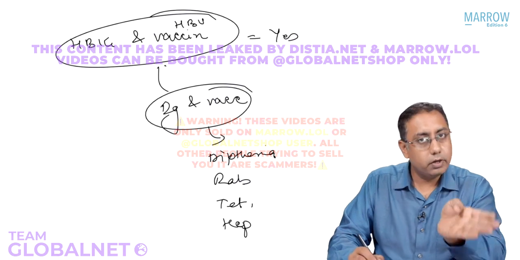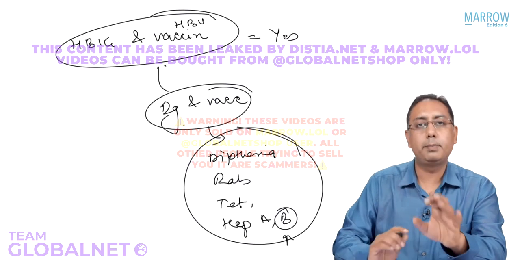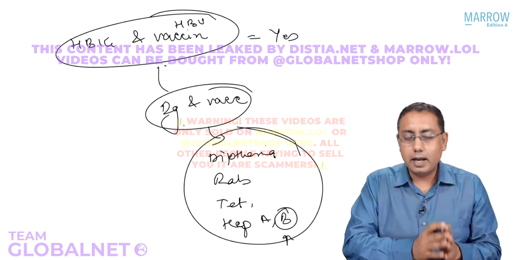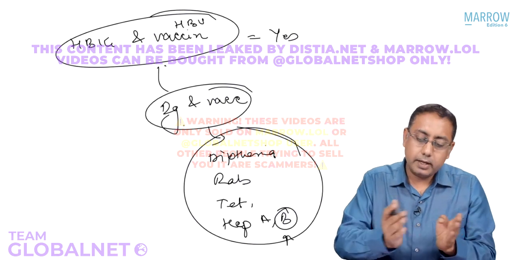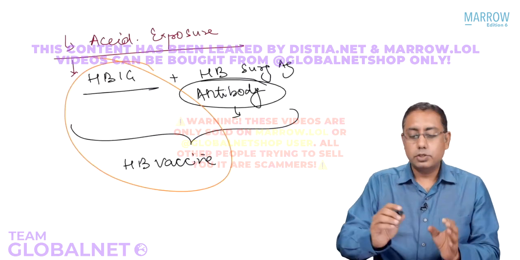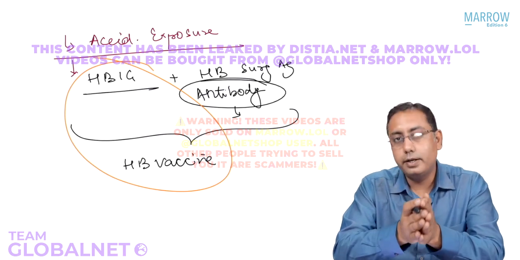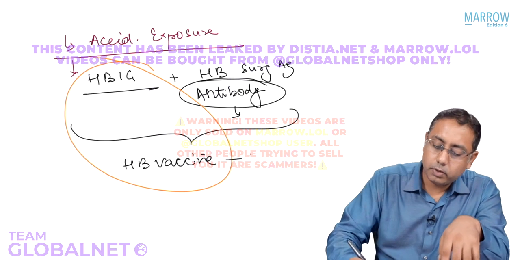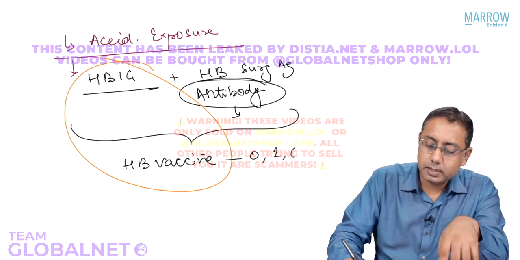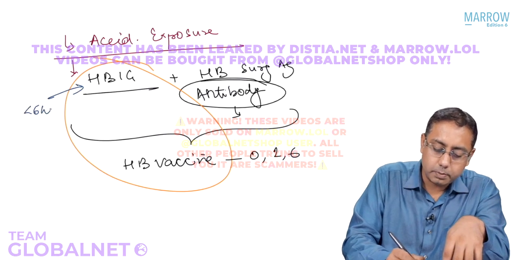Hepatitis A also, and hepatitis A and B, but more importantly you need to remember hepatitis B. Hepatitis B immunoglobulin will be given within 6 hours, not later than 48 hours, and hepatitis B vaccine is initiated at the same time. You already know 0 month, 1 month and 6 months, hepatitis B immunoglobulin within 6 hours to be given.